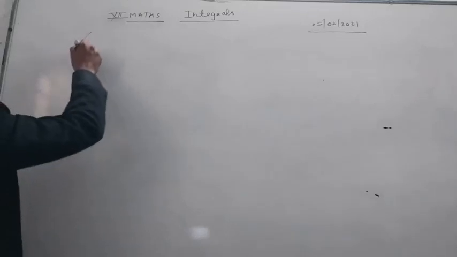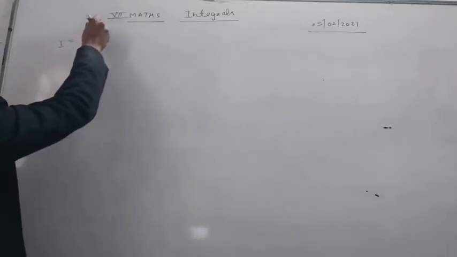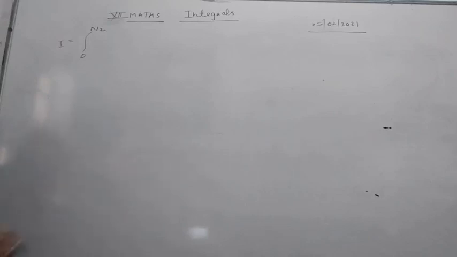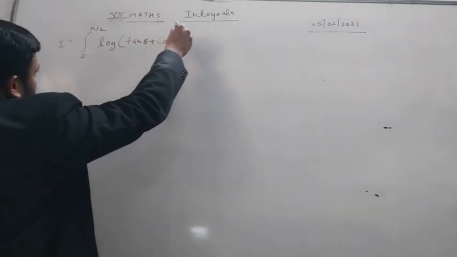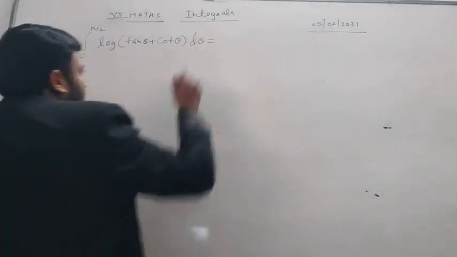Our next question is, friends, prove that I is equal to integral 0 to pi by 2 of log tan theta plus cot theta d theta is equal to pi log 2.